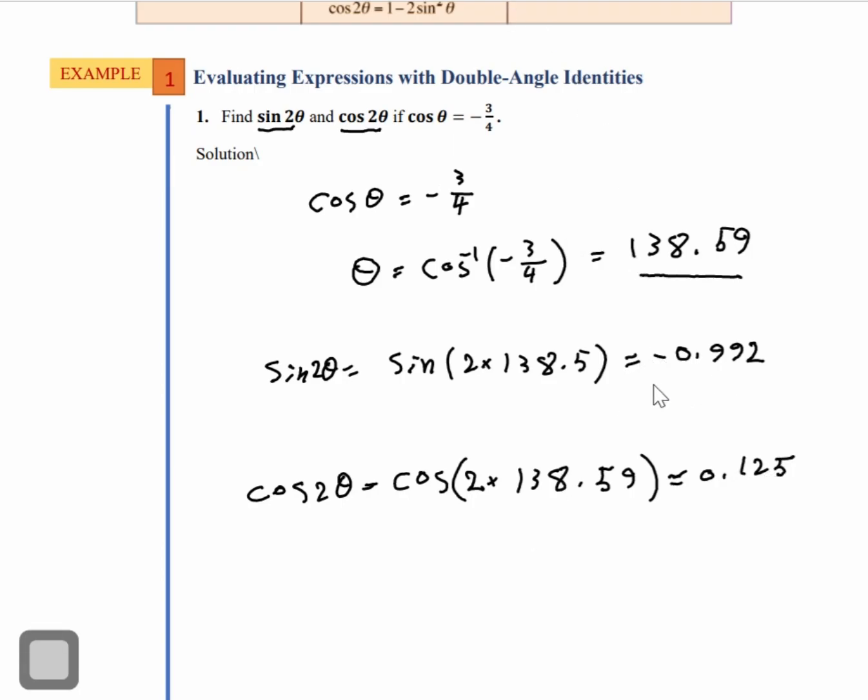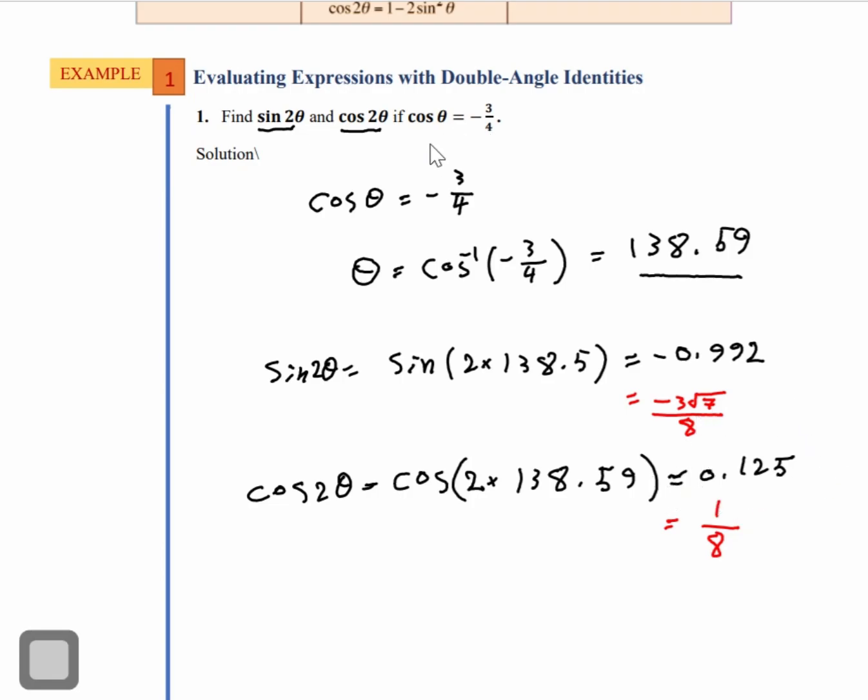In the book, sine 2 theta became negative 3 square root of 7 over 8. If we evaluate that by a calculator, we get the same answer, so they are the same. And for cosine 2 theta, the book solved it by the rules and it became 1 over 8. When we evaluate 1 over 8 by a calculator, it is 0.125. So they are the same.